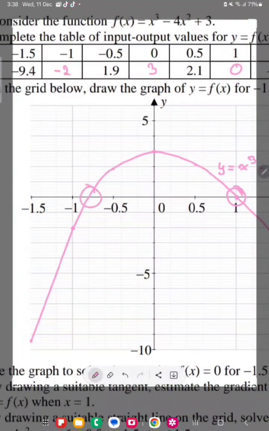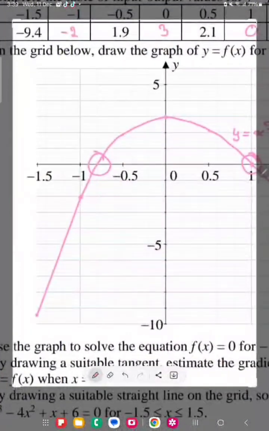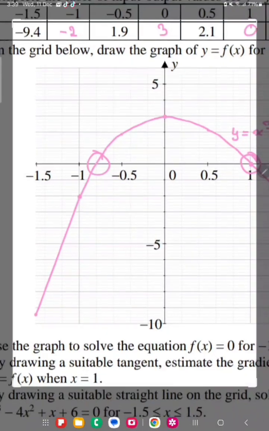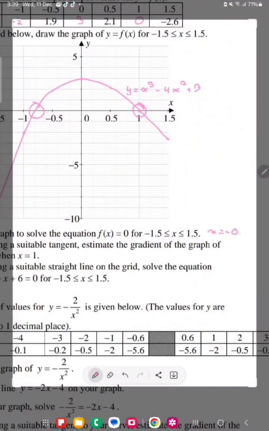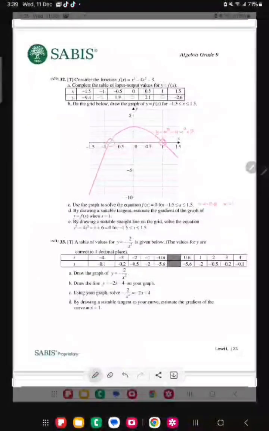When are they intersecting? At this point and this point. So x at this point is, I think, negative 0.8, and x equals 1. Now you have to draw a tangent, and they told you to estimate.